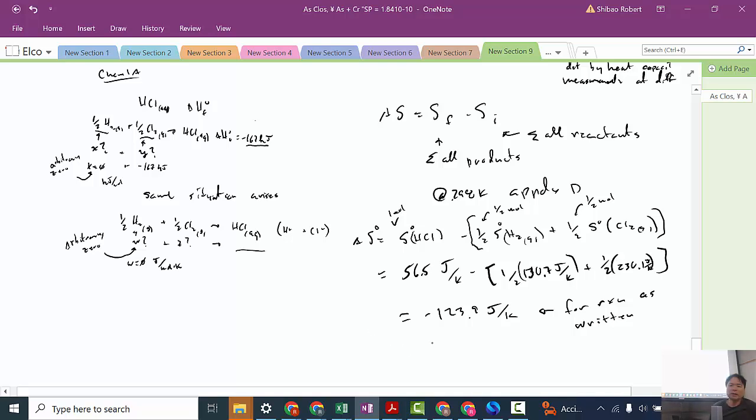In other words, for the reaction as written, it would be per 1/2 mole of H2 reacting, per 1/2 mole of Cl2 reacting, and per 1 mole of HCl being formed. And so if we wanted to use this as a conversion factor, this would be per 0.5 moles of hydrogen, or per 0.5 moles of chlorine, or per 1 mole of HCl.